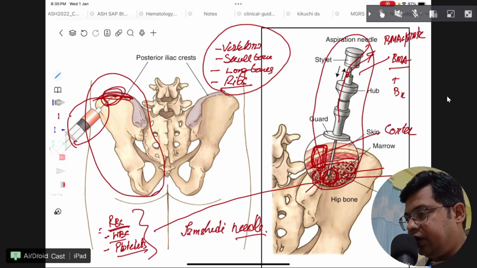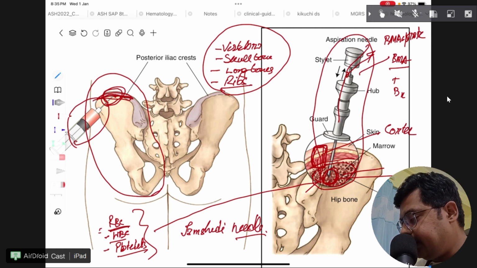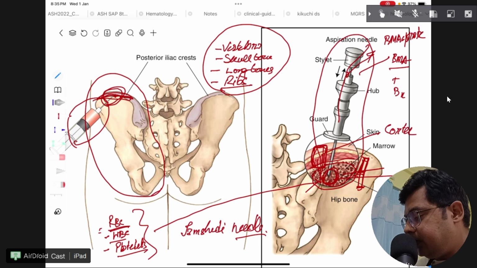After taking out the aspirate, you will also do a marrow biopsy. What happens in case of biopsy? A small piece of bone along with the marrow spaces, along with a small portion of the cortex also, you have to take out and send for histopathological examination.